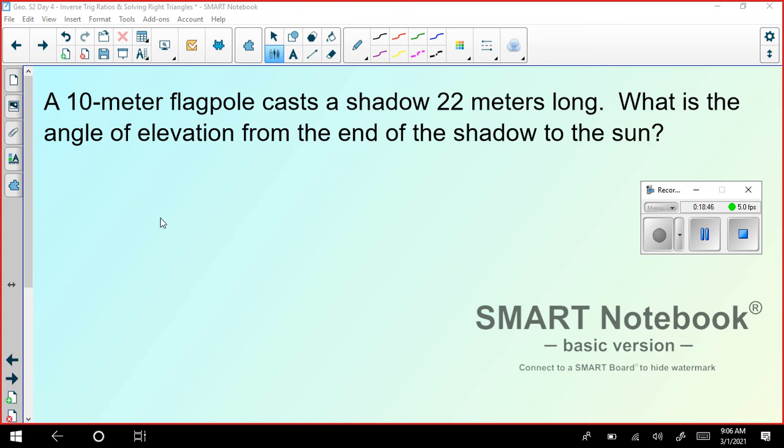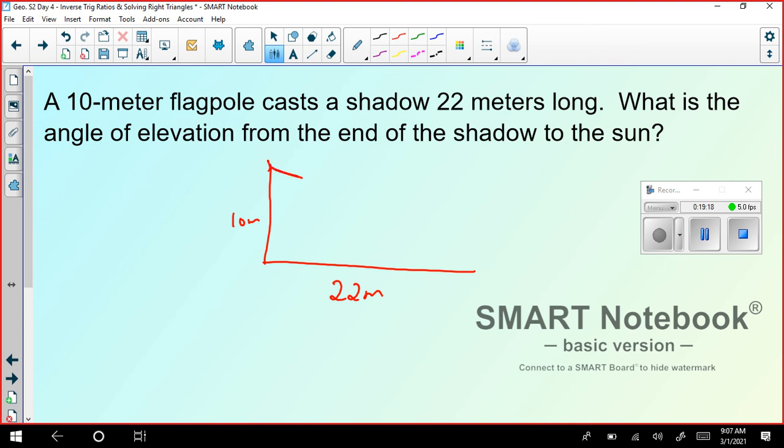So if I have a 10-meter flagpole, this is my flagpole, which is 10 meters, and it casts a shadow of 22 meters long. Imagine this is the shadow of this particular flagpole.